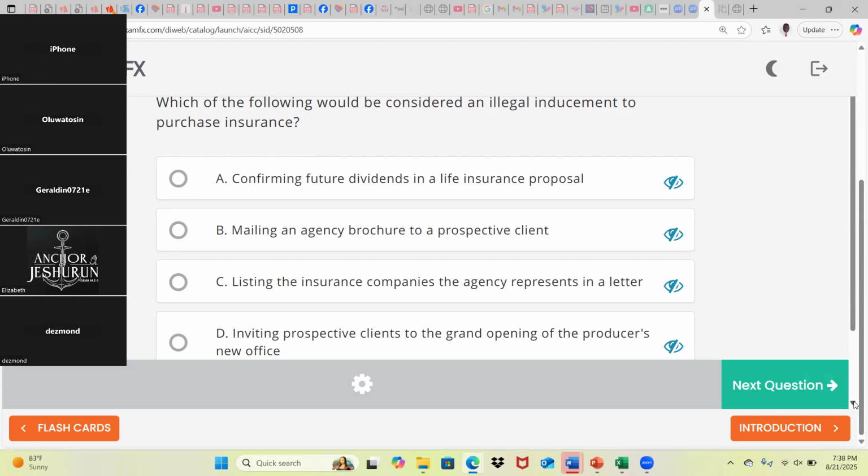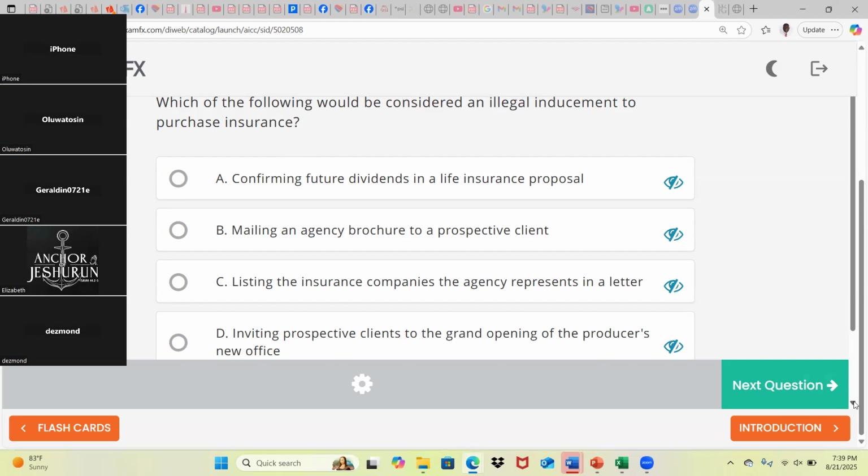B, mailing an agency brochure to a prospective client. C, listing the insurance companies the agency represents in a letter, and inviting prospective clients to the grand opening of the producer's new office. Thank you very much, Temi.